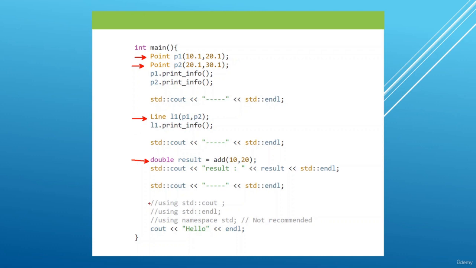For example, if you say using std::cout and using std::endl, you will be able to say cout hello and endl without specifying the std namespace here, and this is going to work. You can even bring in the entire std namespace using the syntax here, but this is not recommended because then your names are going to conflict with the things that live inside the standard namespace, and that's going to be really bad.